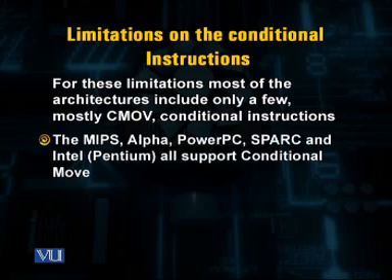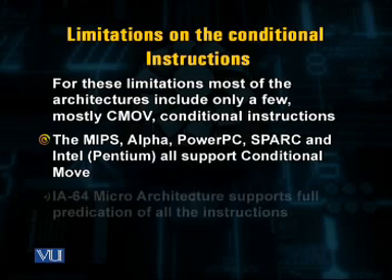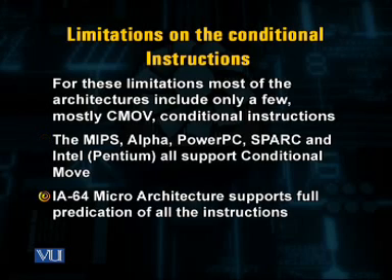For example, the MIPS, Alpha, PowerPC, SPARC, and Intel Pentium all support the conditional move instruction, whereas the IA64 microarchitecture, which we introduced earlier, supports full predication of all the instructions.